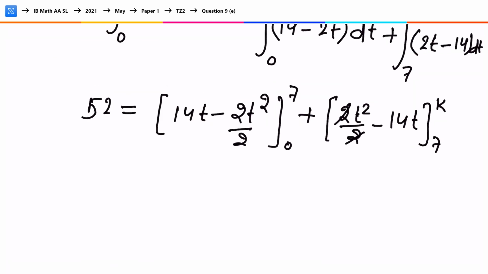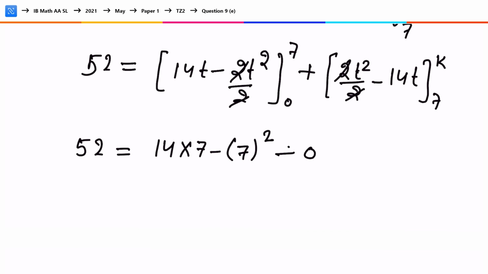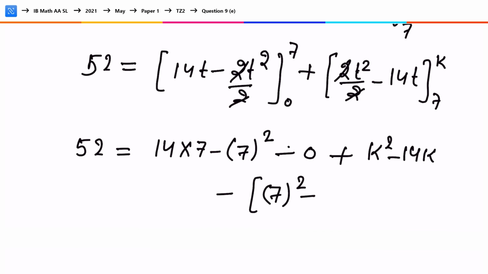Simplifying further, 52 equals 14 multiplied by 7 minus 7 squared minus 0, plus k squared minus 14k minus 7 squared minus 14 multiplied by 7.